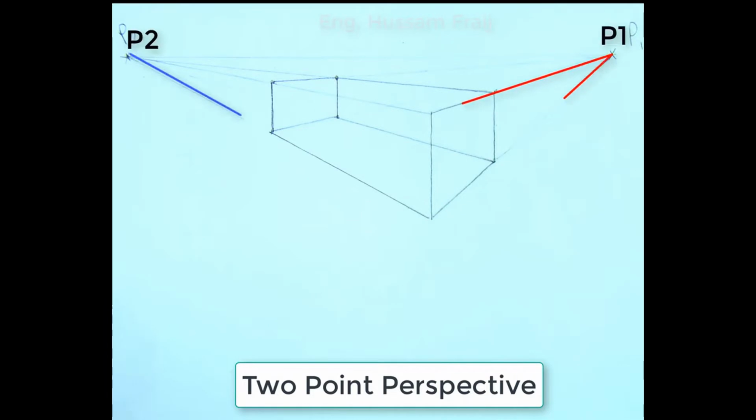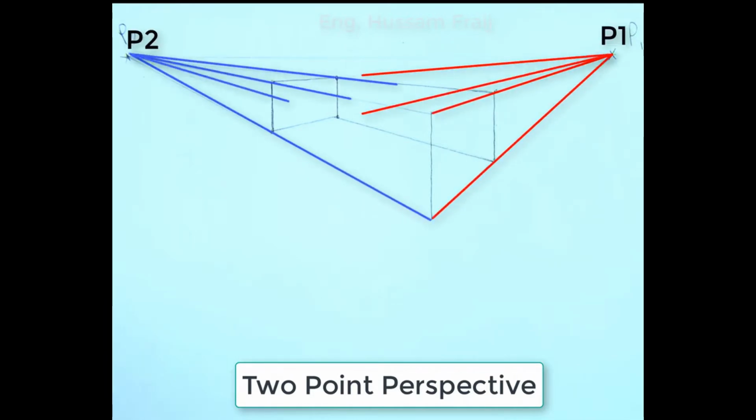So this is my object or my cube using 2-point perspective. Okay, it has the wireframe appearance.